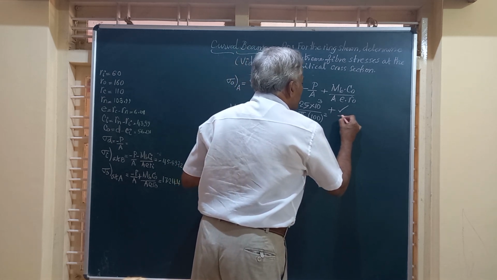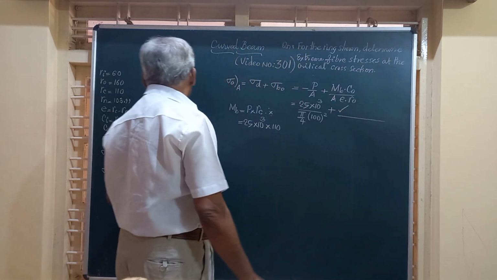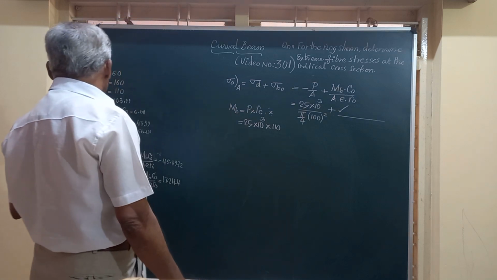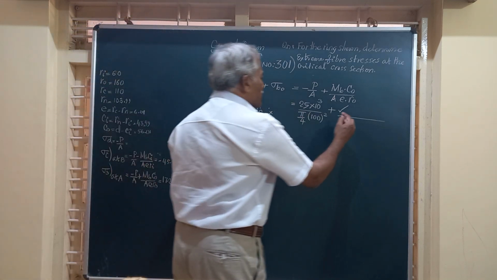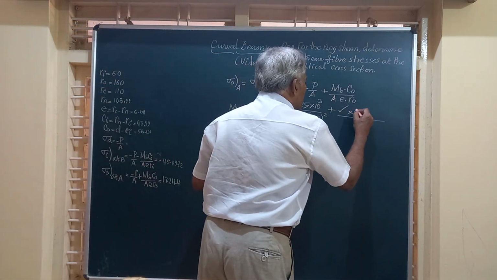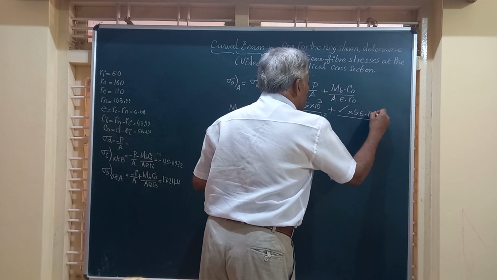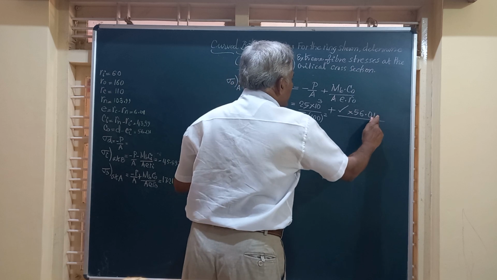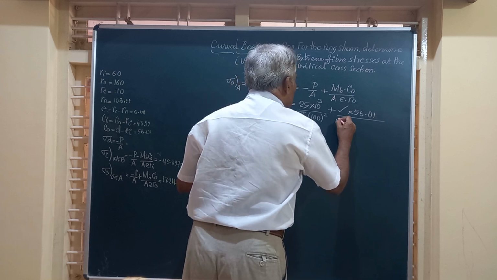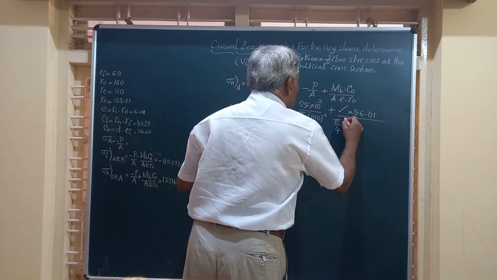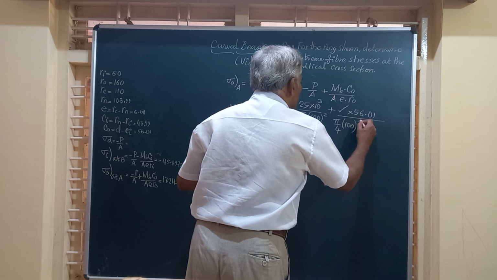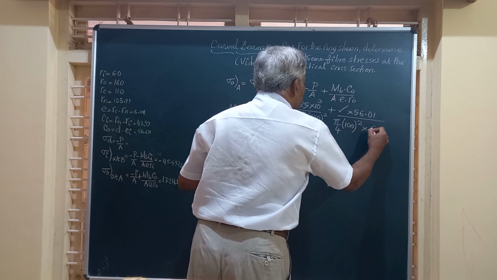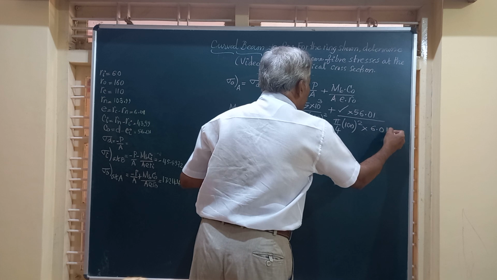You can simplify and put the value. Friends, then you have this C naught. C naught is equal to 56.01 multiplied by C naught. We have already done it. MB C naught divided by area pi by 4 100 square multiplied by eccentricity 6.01 mm.